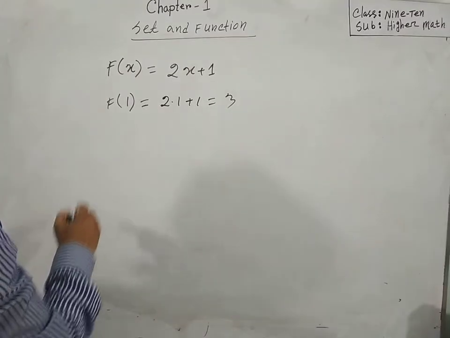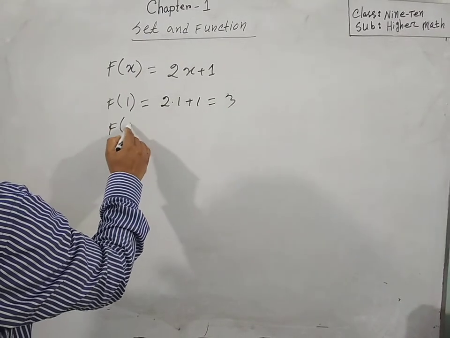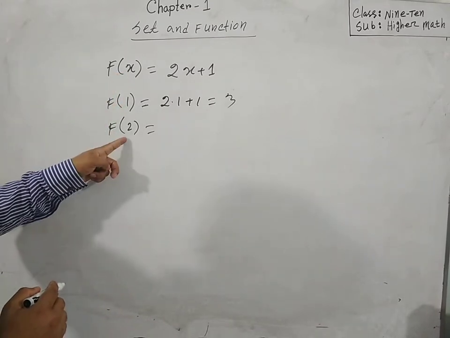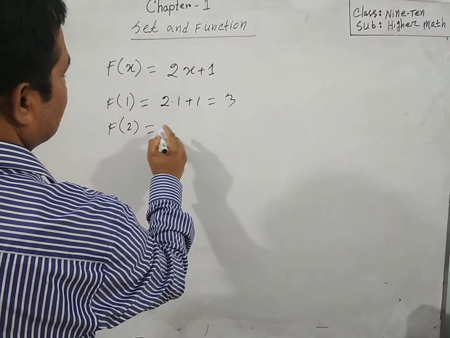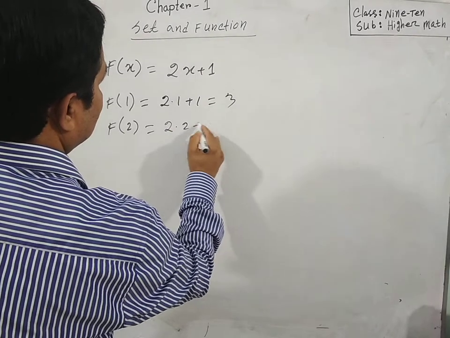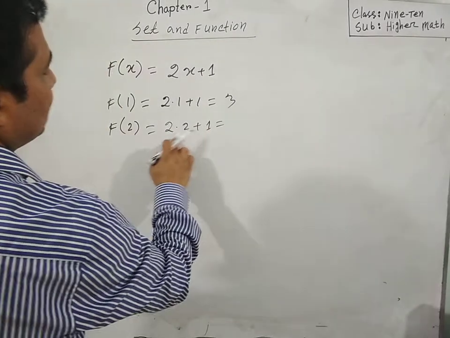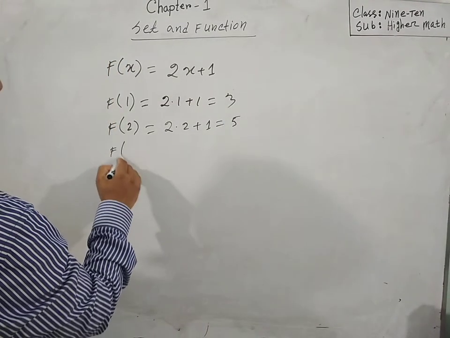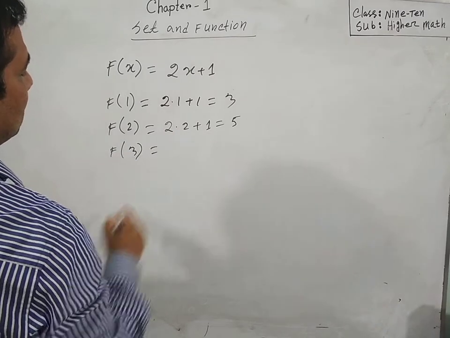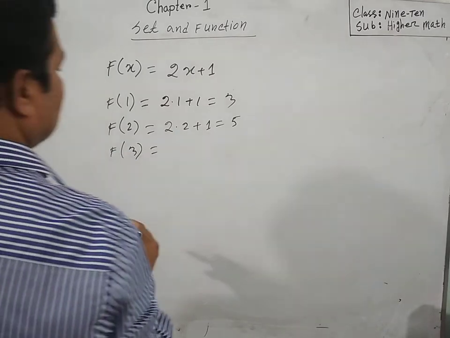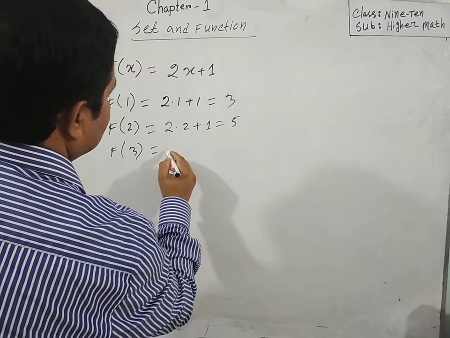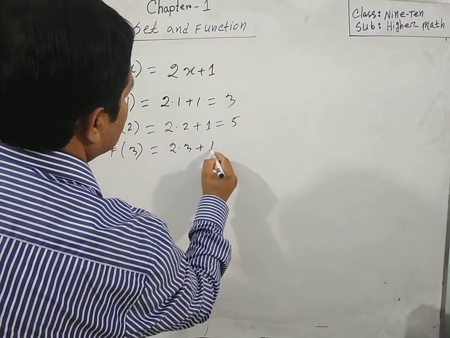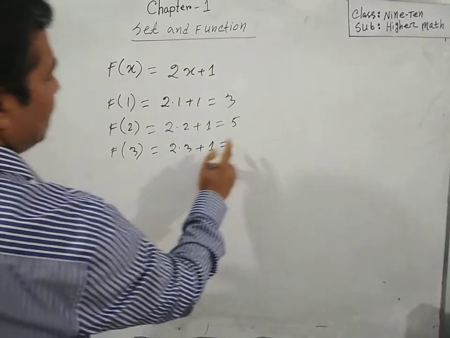See, f of 2, when we put the value of x as 2, we get 2 into 2 plus 1, 4 plus 1, 5. When we put the value of x as 3, we get 2 into 3 plus 1, 6 plus 1, 7.